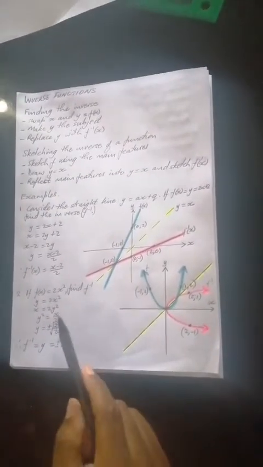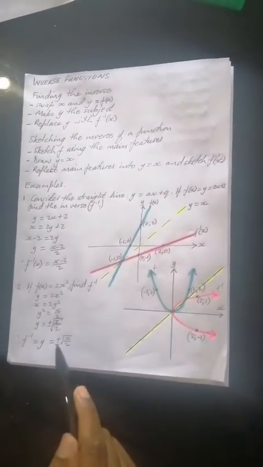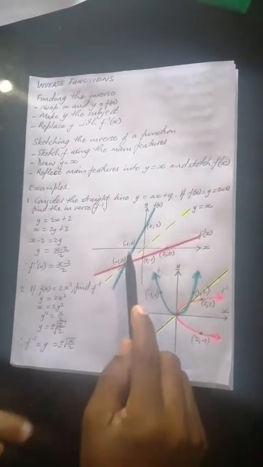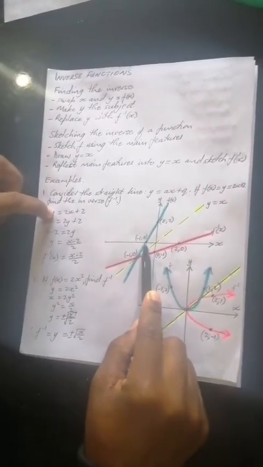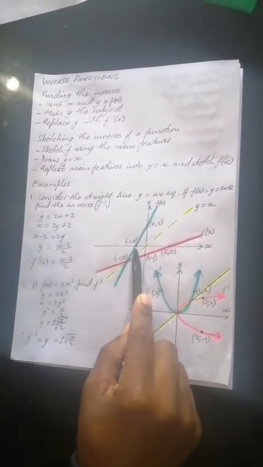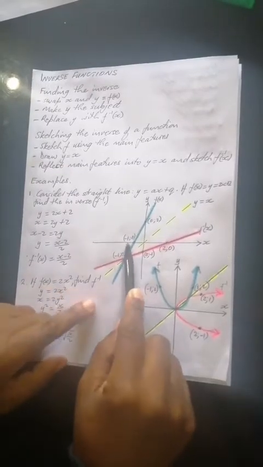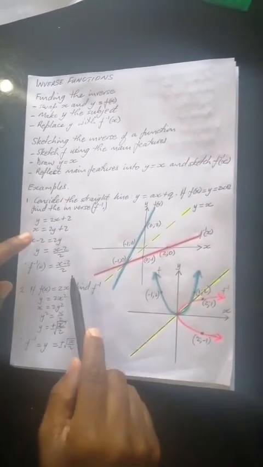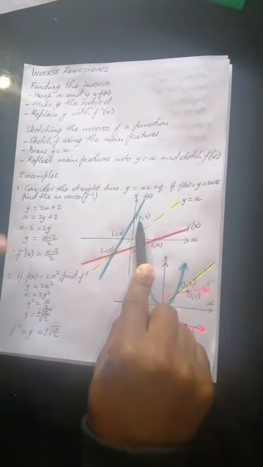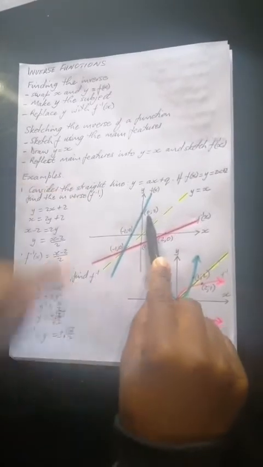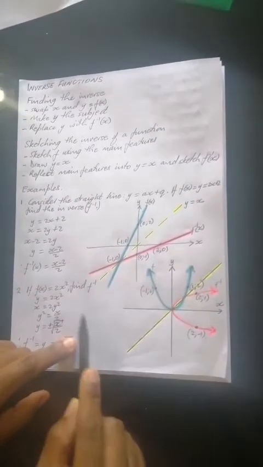For example, if we use the intercept method, on the x-axis, y is 0. So if y becomes 0, you then solve for x. Your x is minus 1. And on the y-axis, x is 0. So when x is 0, you solve y is equal to 2. So these are the coordinates.